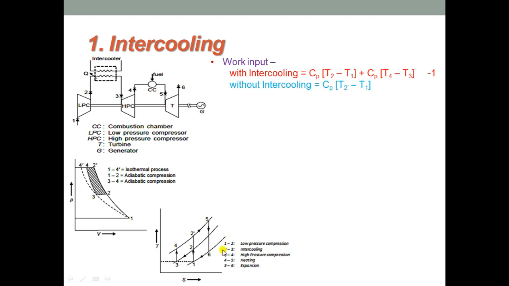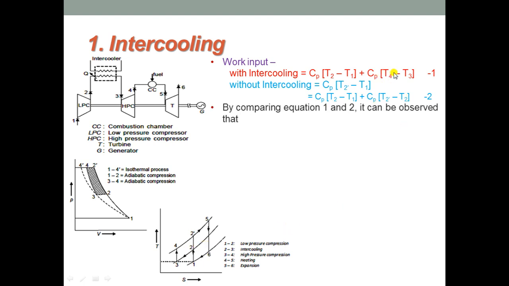Without intercooling, the work will be Cp into T2 dash minus T1, and this can be split into two parts with the help of your TS diagram. That is, the process 1 to 2 dash can be written as 1 to 2 and 2 to 2 dash, and the work is written as Cp into T2 minus T1 and Cp into T2 dash minus T2.